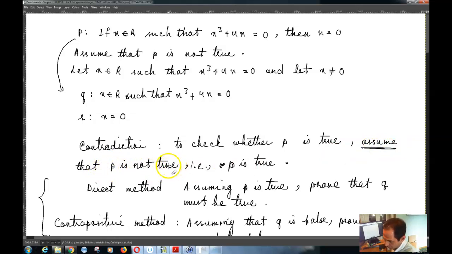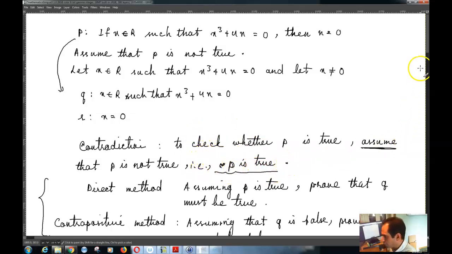If the result contradicts our assumption that P is not true, then P is actually true. So what I'm going to assume is that not P is true, or P is not true.